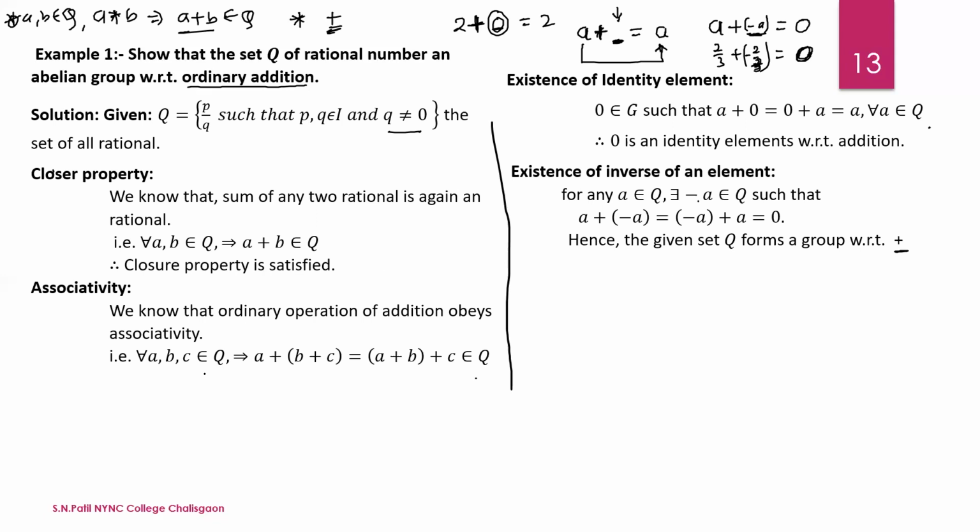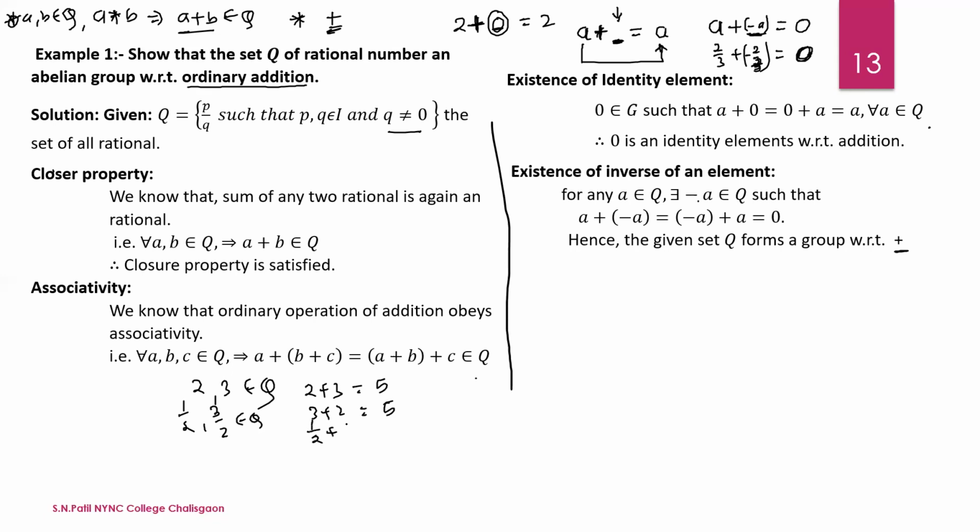I am taking here, suppose, 2, comma 3, both are in the set of rational numbers. You can take any number in the form of P by Q also. Then 2 plus 3 is equal to 5, and 3 plus 2 is equal to 5. Otherwise you can take 1 by 2, 3 by 2. These are rational numbers.